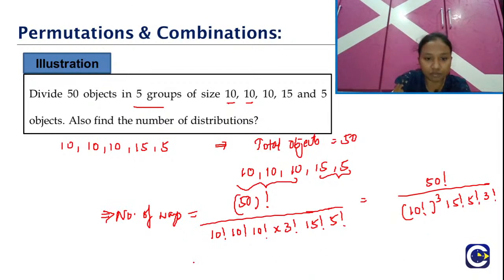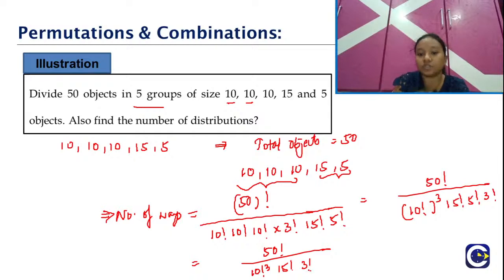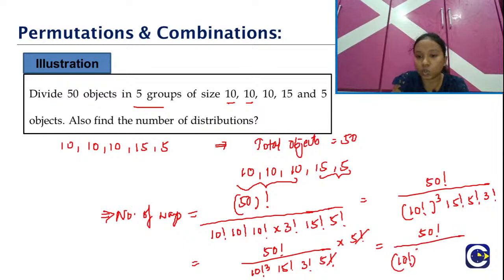So that will be given by 50 factorial by 10 factorial whole cube, 15 factorial into 3 factorial, as we have to multiply by 5 factorial, and in the denominator we already have this 5 factorial. These two will get cancelled, resulting in 50 factorial by 10 factorial whole cube into 15 factorial into 3 factorial.